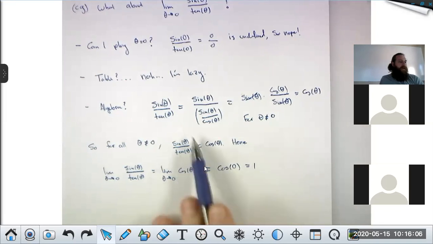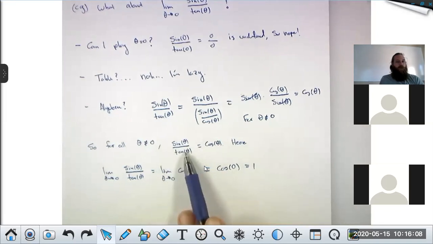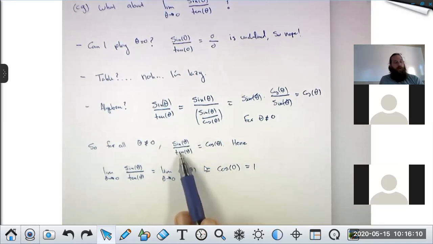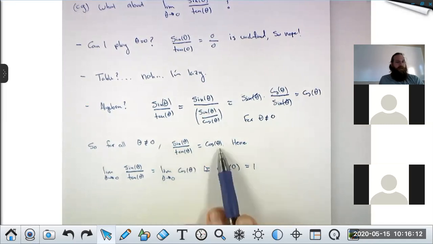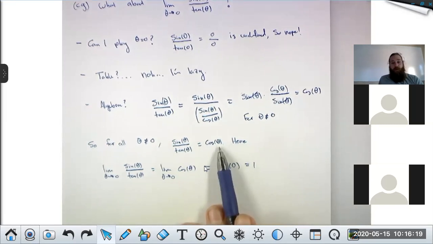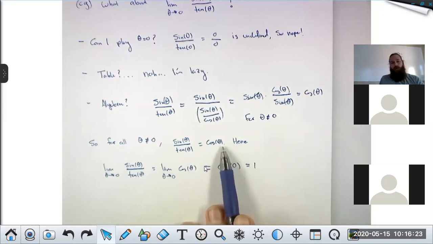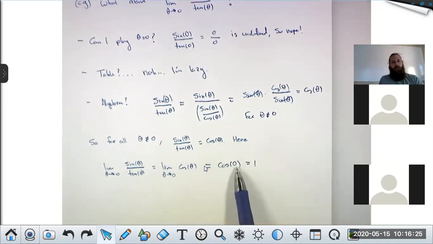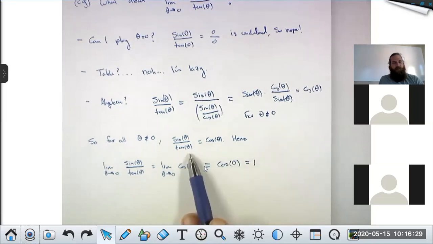So that means if you want to know what happens as theta gets really, really close to but not equal to 0 in this expression, that's the same as asking what happens as theta gets really, really close to but not equal to 0 in this expression. This expression, though, is continuous at 0. So you can just plug in 0, because it doesn't have the discontinuity that the other one has.